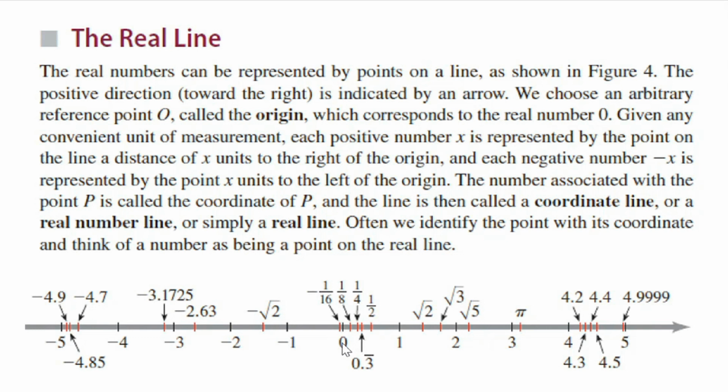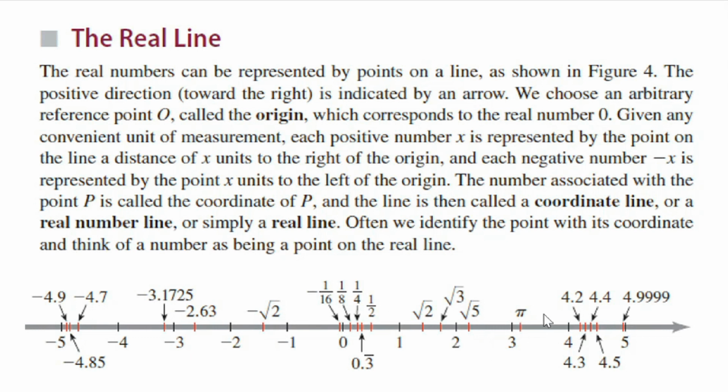Given any convenient unit of measurement, each positive number x is represented by the point on the line a distance of x units to the right of the origin, and each negative number, negative x, is represented by the point x units to the left of the origin. So the left of 0 are the negative numbers, and the right of 0 are the positive numbers.